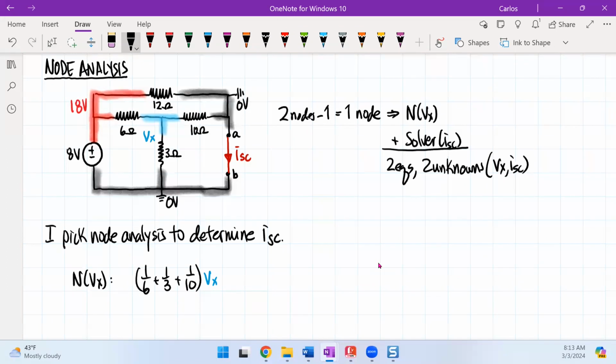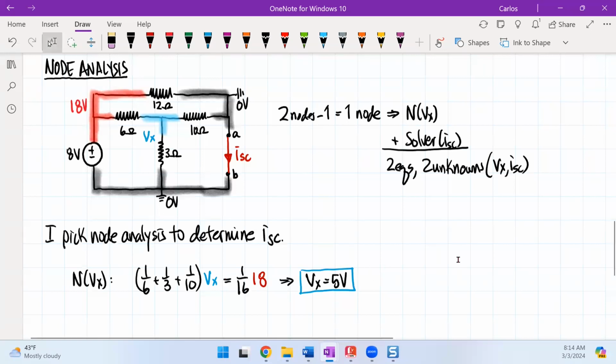So now, because I get a minus sign, I'm going to take it to the other side. And this will give me 1/6 times 18. So right away, I can solve for Vx. Right? There's only one equation and one unknown. And this gives me 5 volts. So I now know what that node voltage is.